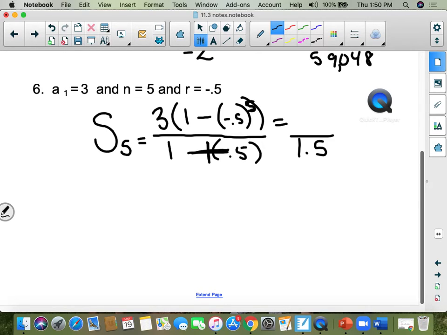Let's plug the 3 in, a parenthesis, a 1, a minus, a parenthesis, a -0.5, a parenthesis, raised to the 5th with another parenthesis. And that equals 3.09 something if you did that right, and divide it by 1.5, and you're going to get 2.06 for the sum of this.